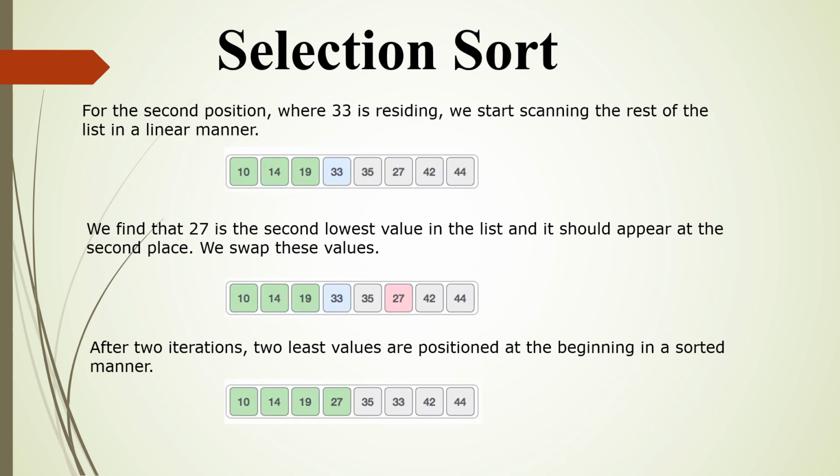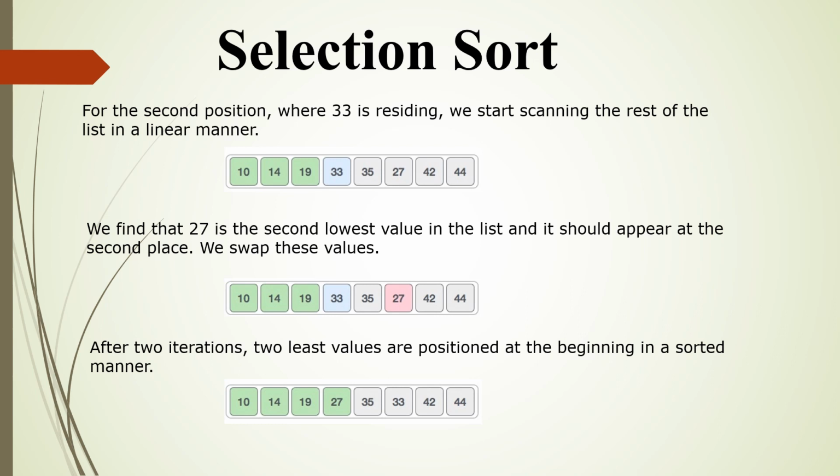Now after 10, 14 and 19 became the sorted list, we select the 33 element and start scanning from 33 to 44. After scanning, we select the 27 element that has the lowest value in the list.